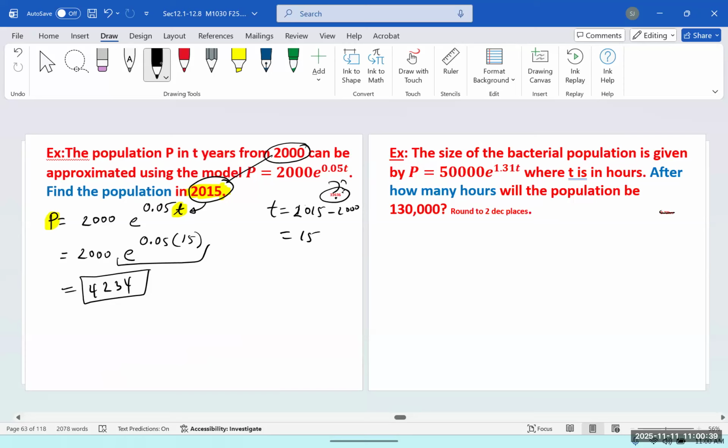Okay, the next question. The size of the bacterial population is given by this information. After how many hours will the population be 130,000?